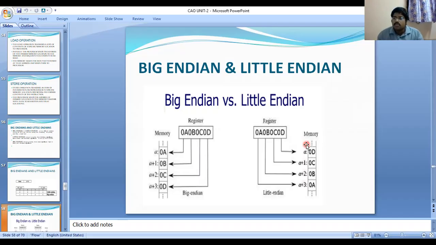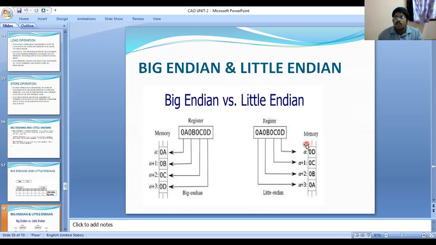Whereas in C, you represent a number in the decimal number system. But in our microprocessor or microcontroller, if you want to give any input value, it should be represented in the hexadecimal number system. But you know very well that the computer cannot understand the hexadecimal number system.